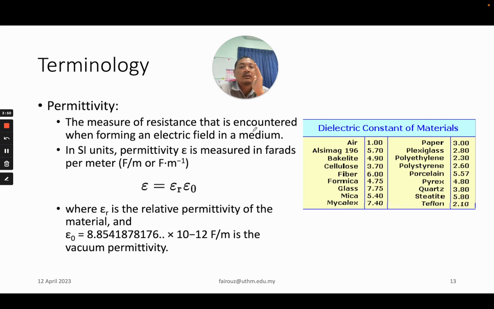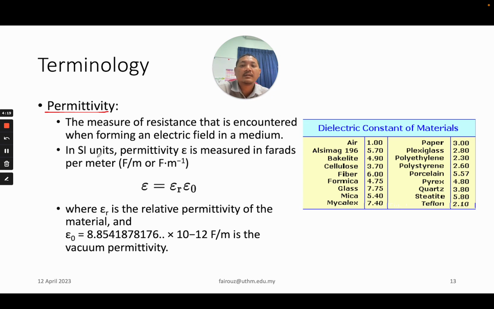And then how difficult it is for the molecules to align. Some materials are easy to align, some materials are difficult to align, and take time to align, to polarize. So that difficulty or resistance when forming that polarization is called permittivity, right?